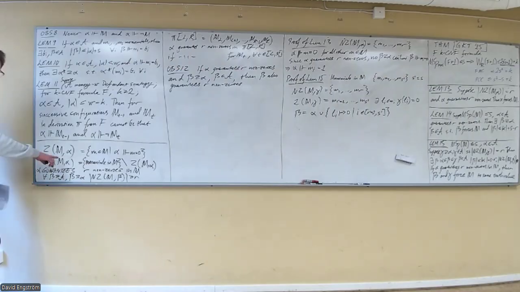Because beta is a smaller assignment, so it can zero out more things.